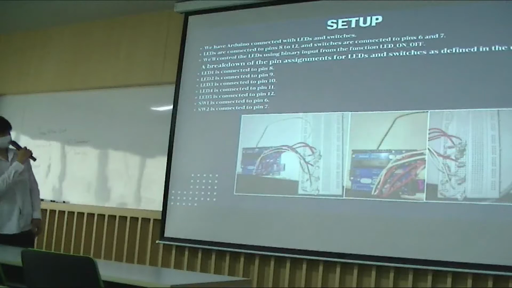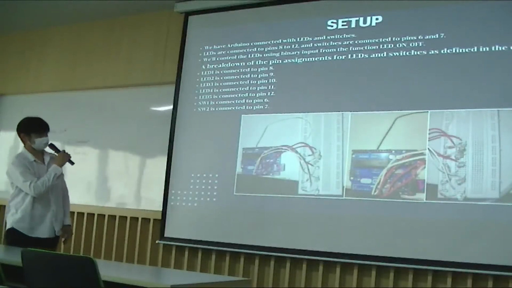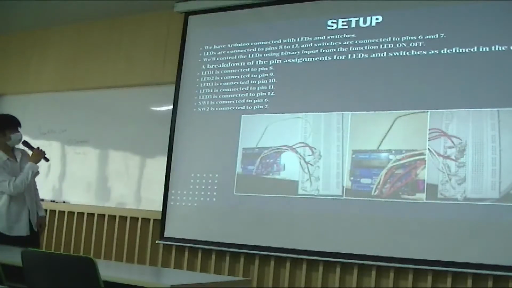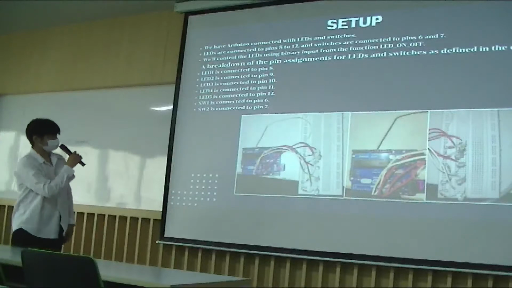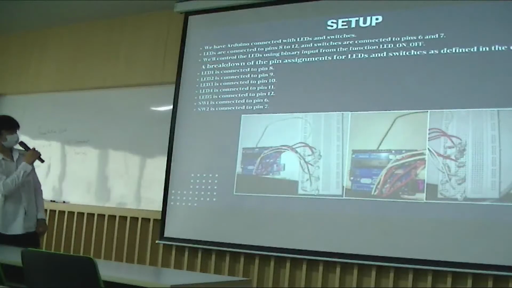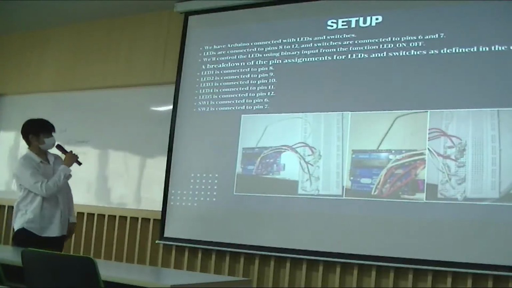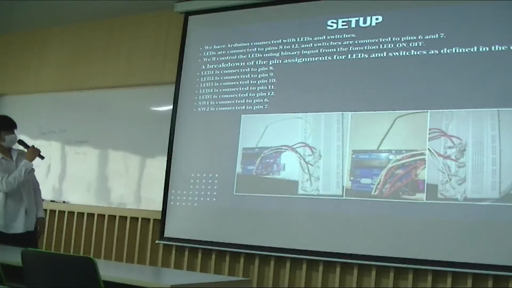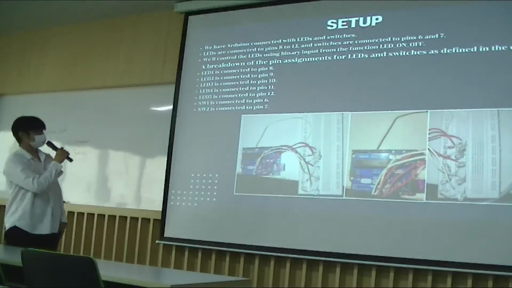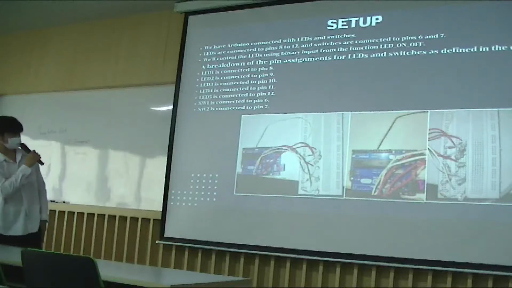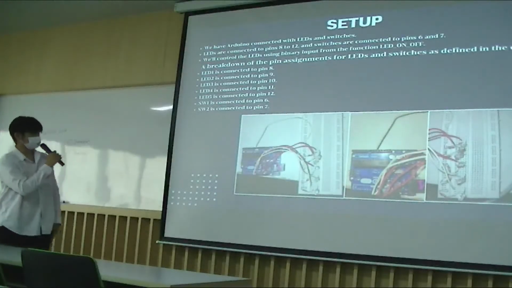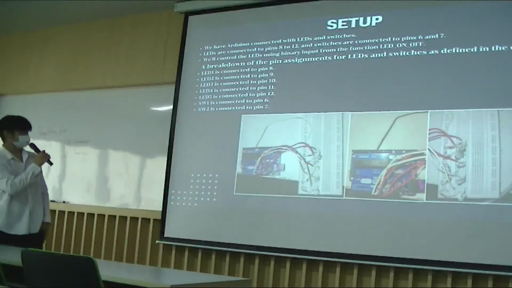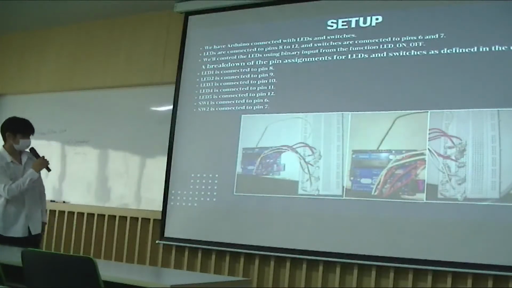A breakdown of pin assignment for LEDs and switches as defined in the code: LED 1 is connected to pin 8, LED 2 to pin 9, LED 3 to pin 10, LED 4 to pin 11, LED 5 to pin 12, SW1 switch 1 is connected to pin 6, and SW2 is connected to pin 7.